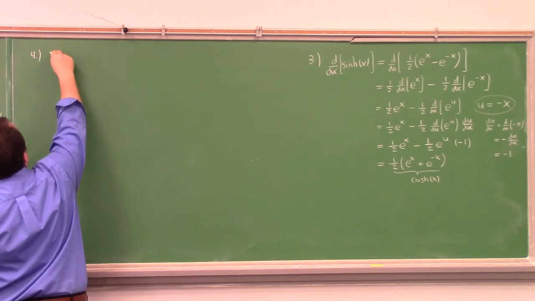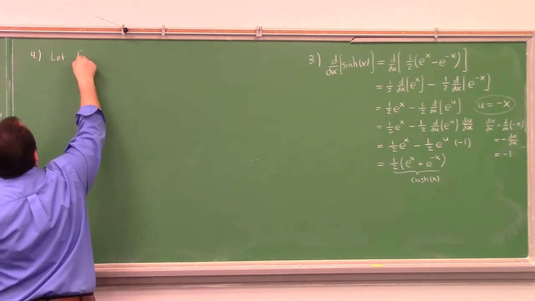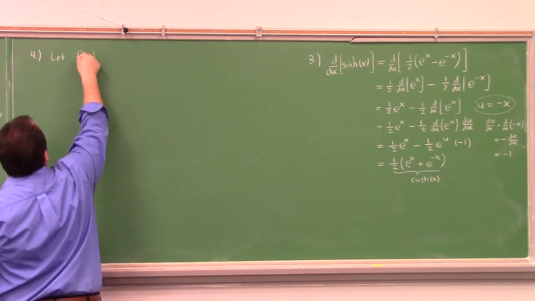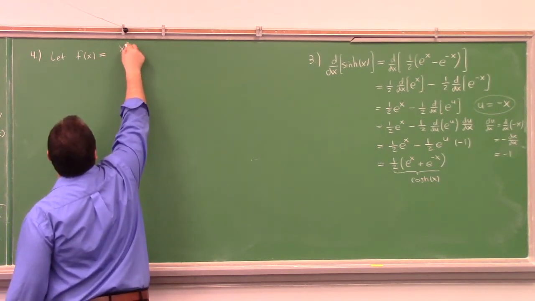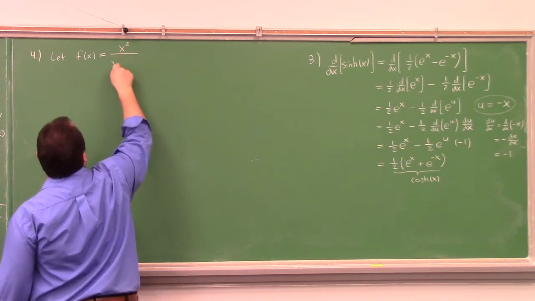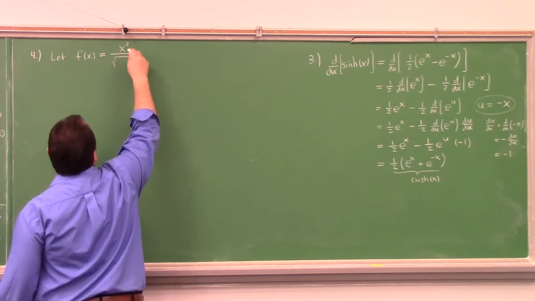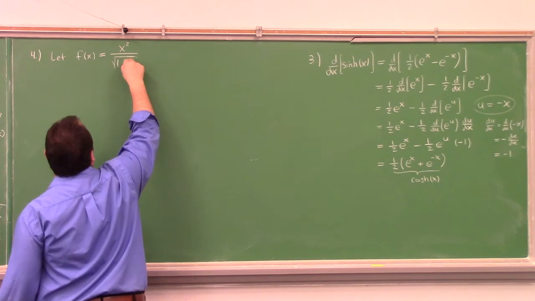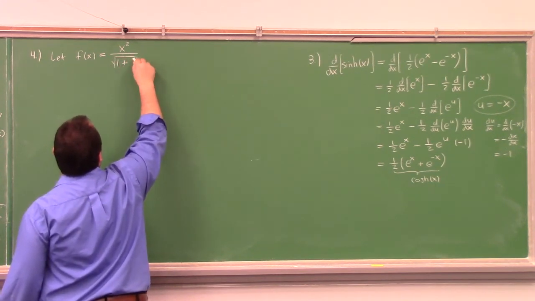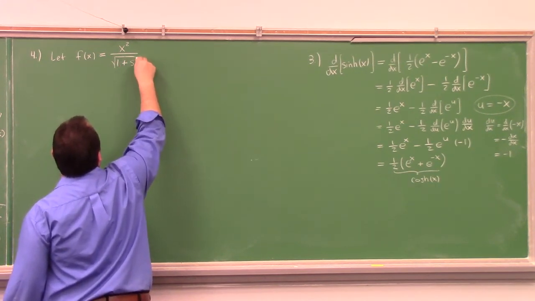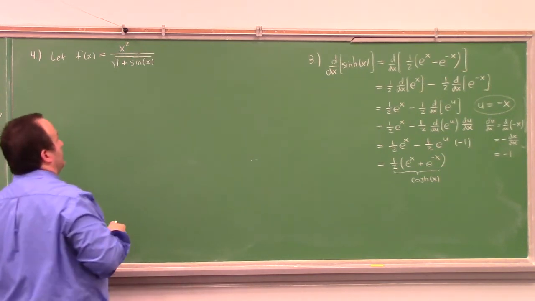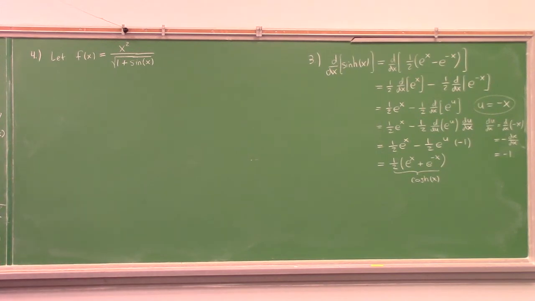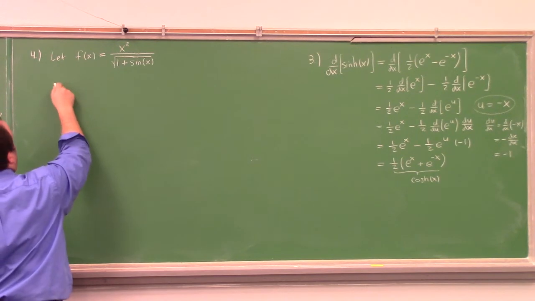Let f of x equal x squared over the square root of 1 plus sine of x. So differentiate that. What do we got?